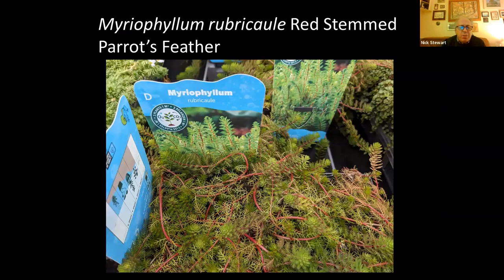Whether it is a different species is questionable, but for the moment it's called Myriophyllum rubricale, and it differs in being a bit smaller, and it may be less aggressive than the Myriophyllum aquaticum, and it has these red stems, whereas the normal parrot's feather has green stems. But otherwise, it's very similar, and I think genetically it's quite similar as well.